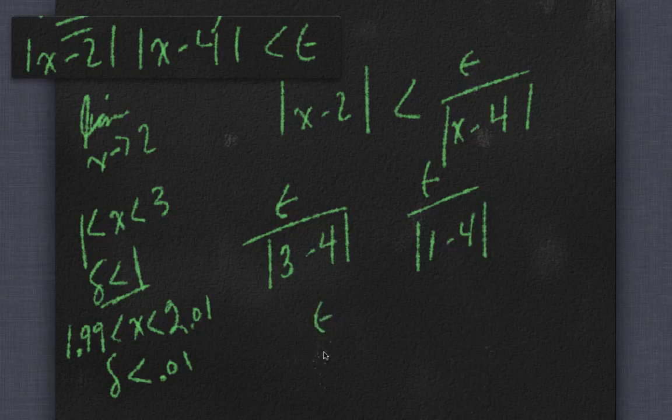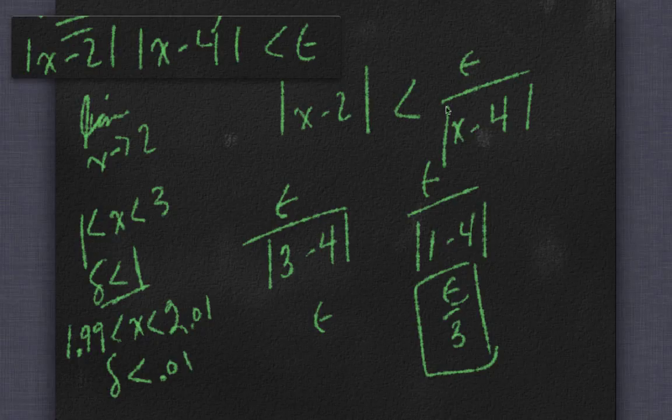So that's epsilon or epsilon over 3. So I choose the 3 because it makes it smaller. So when it's a denominator, you choose the one that makes the denominator the biggest. And if it was in the numerator, you choose the one that makes the numerator the smallest. So this is how you pick which one of these guys to plug in.